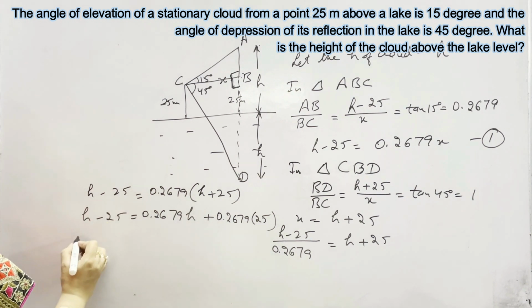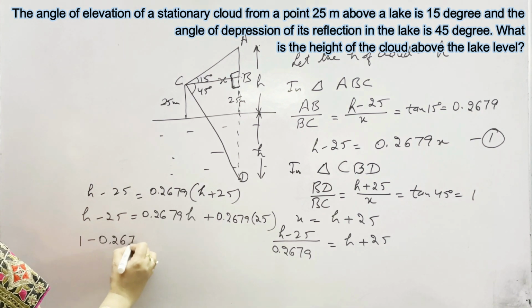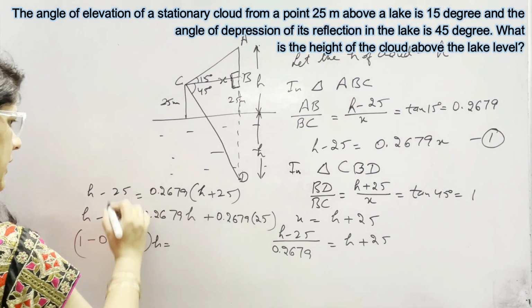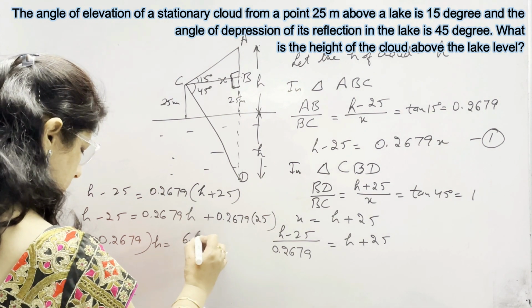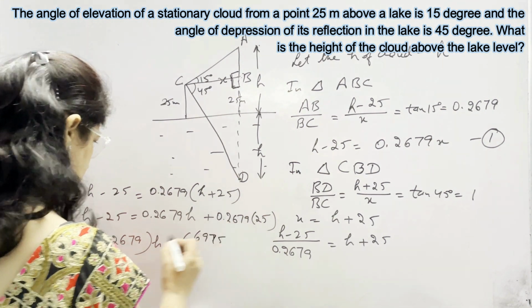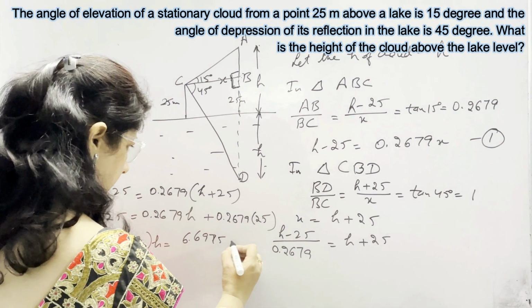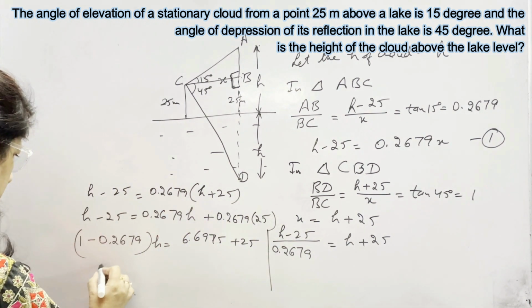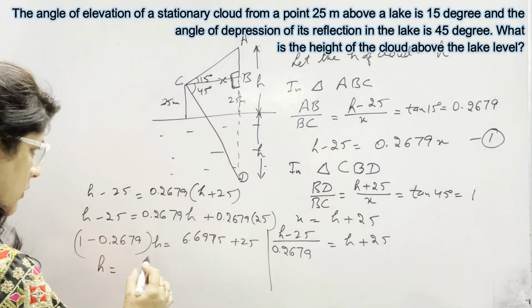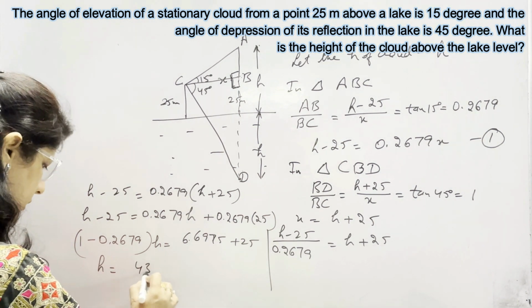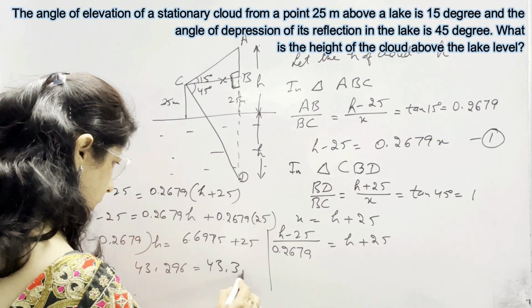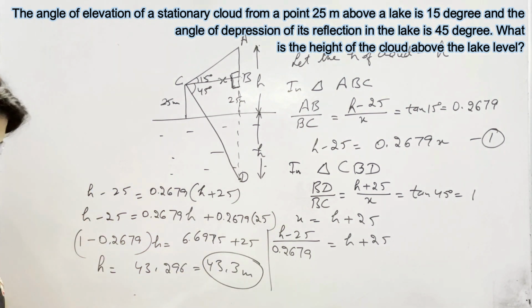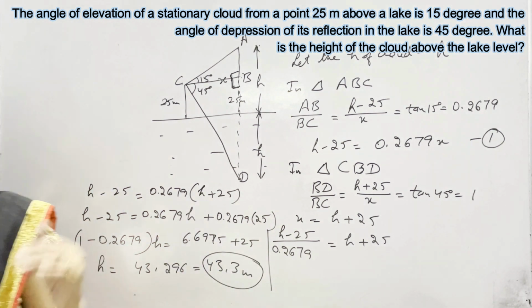Taking h on the same side, (1 minus 0.2679) h, and then adding this value here. 0.2679 multiplied by 25, its value is 6.6975, and this 25 adding here. So the value of h is equal to 43.296. It means 43.3 meters is the height of the cloud above the lake.